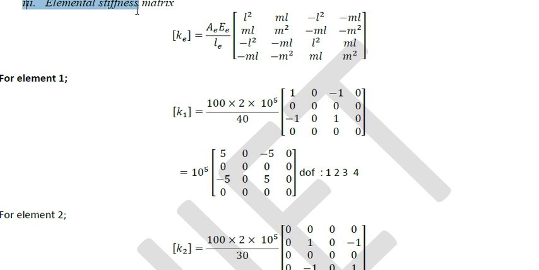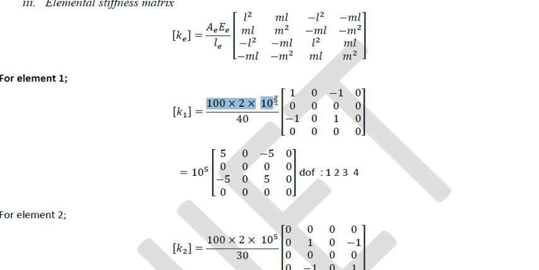Now, the element stiffness matrix is given by A by L times the matrix L square, ml, negative L square, negative ml, and so on, with positive and negative signs like that. For element 1, A is the area. E we are taking in Newton per millimeter square because lengths and area are given in millimeters. 100 millimeter square I am taking in millimeter.